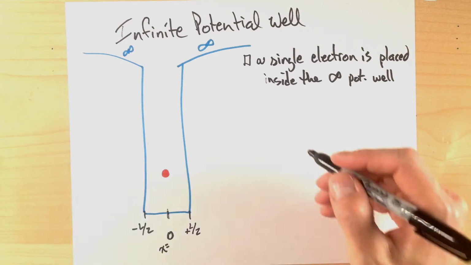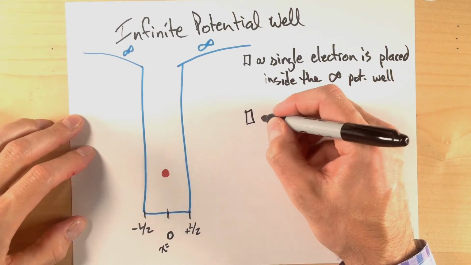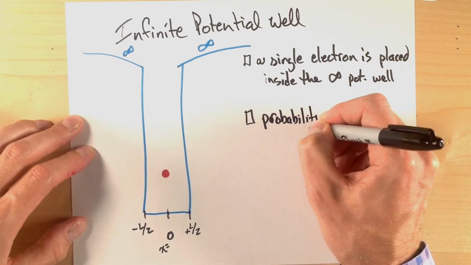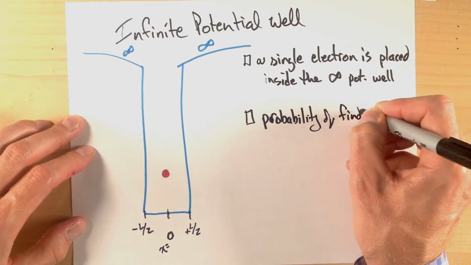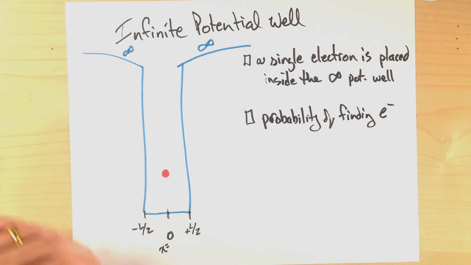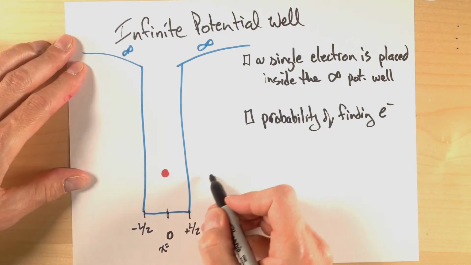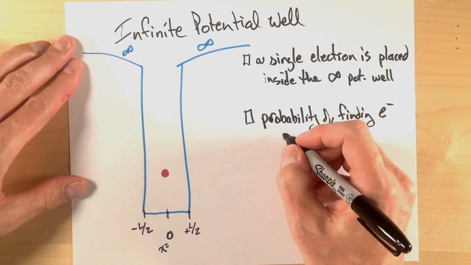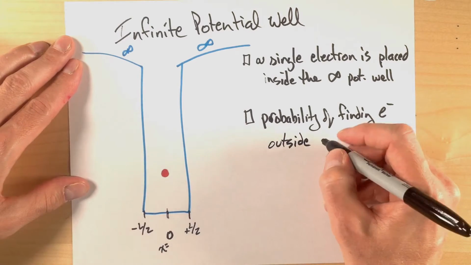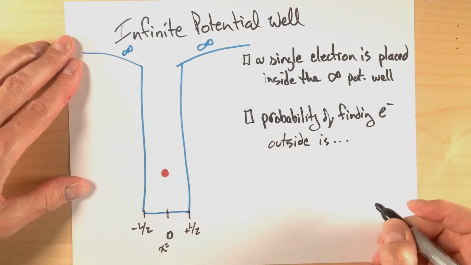So let's think about this. The probability of finding the electron, e superscript minus, out here, so finding it outside, is 0. What does that mean?